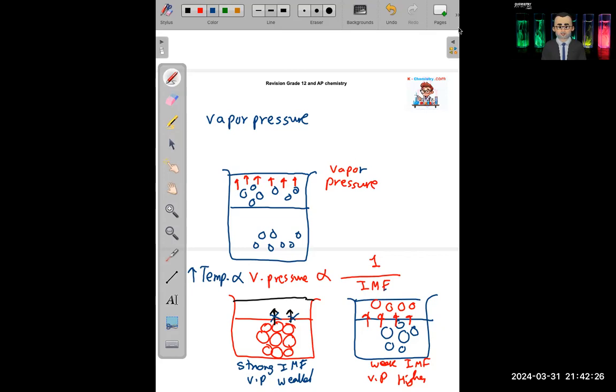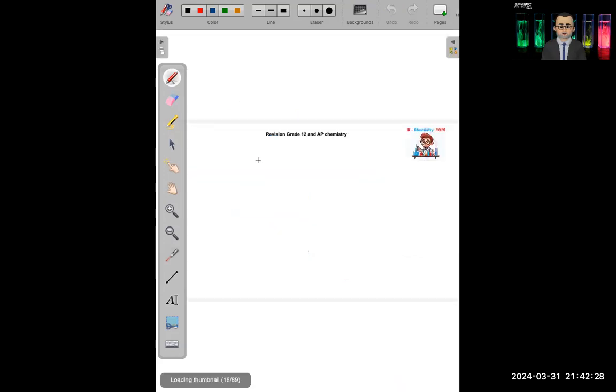So if I have two liquids, liquid A and liquid B, and they are at the same temperature, the temperature is the same, so it does not affect the vaporization.